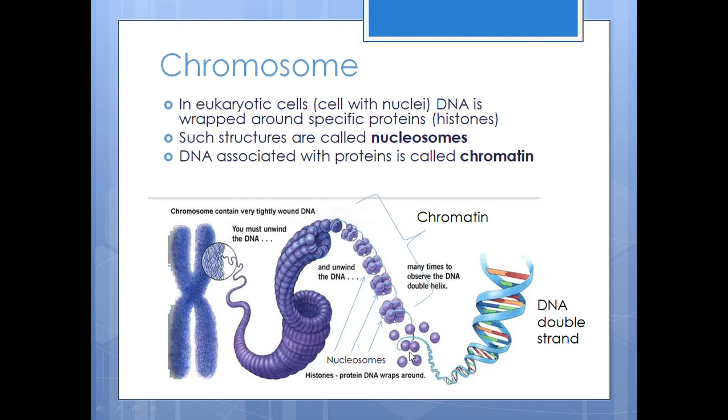I'm not sure if this name is crucial. A histone protein is something you do not necessarily have to memorize, but what you have to memorize is that together both of these proteins and DNA wrapped around them will form a structure which is called a nucleosome.